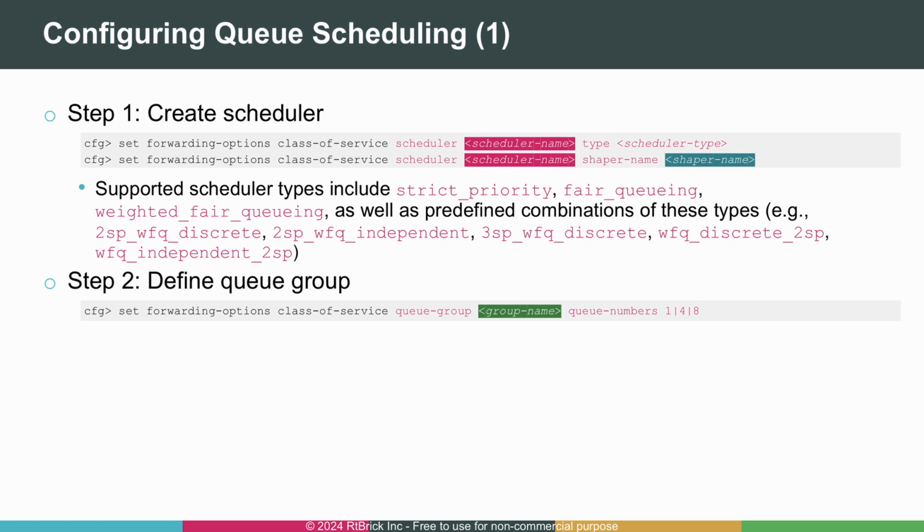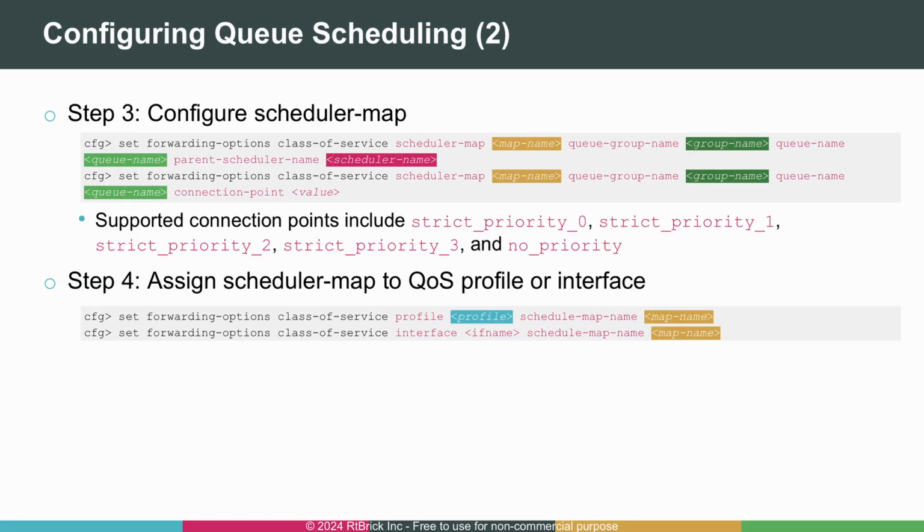Next, we configure a queue group, defining whether we want to use a single queue, 4 queues, or 8 queues. The scheduler map is created using the set forwarding-options class-of-service scheduler map command. This involves mapping queues to specific parameters, such as the connection point. Finally, we assign the scheduler map to a QoS profile or interface.